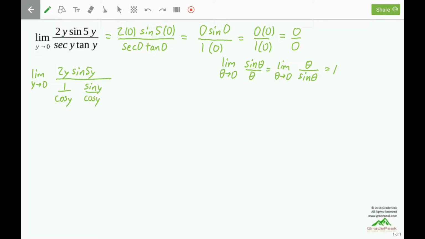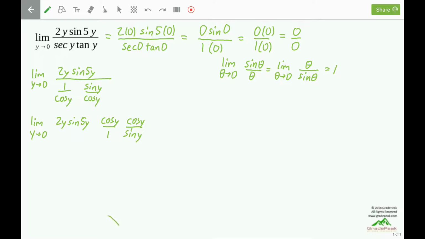Our next step will be to take the denominator fractions and reciprocate them and multiply them with the numerator. So we have 2y sine of 5y times the reciprocal of the first fraction, which will be cosine of y over 1, and the reciprocal of the second fraction, which will be cosine of y divided by sine of y.